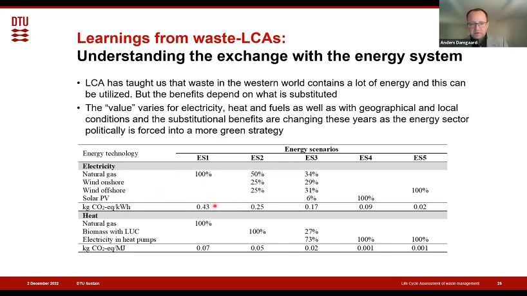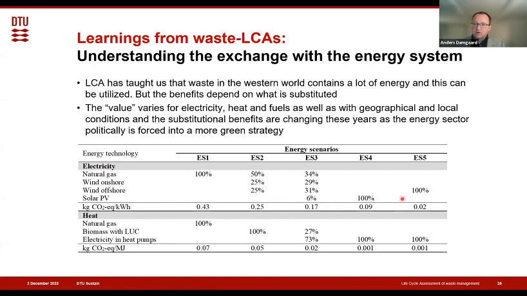We can see, of course, it can be quite high if it's pure natural gas we put in. But if we move to almost only wind or solar, and even these combined effects here in ES3, which is quite close to the Danish mix right now, we see we are at much lower values.